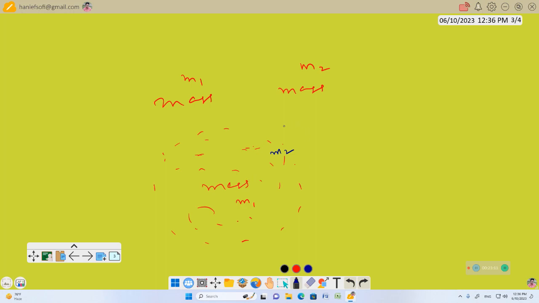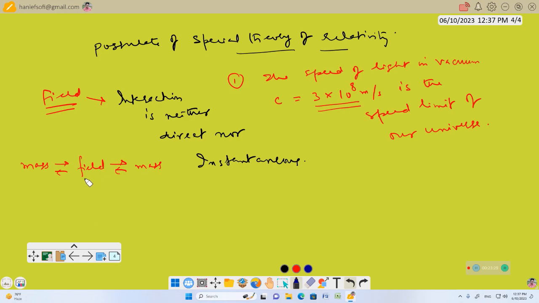Similarly, M2 will have its own field surrounding it. Now, if M1 finds itself in the field of M2, the field of M2 will exert force on M1. So there is a third party. That third party is field. So interaction is not direct. Now, what about this? It is not instantaneous also.